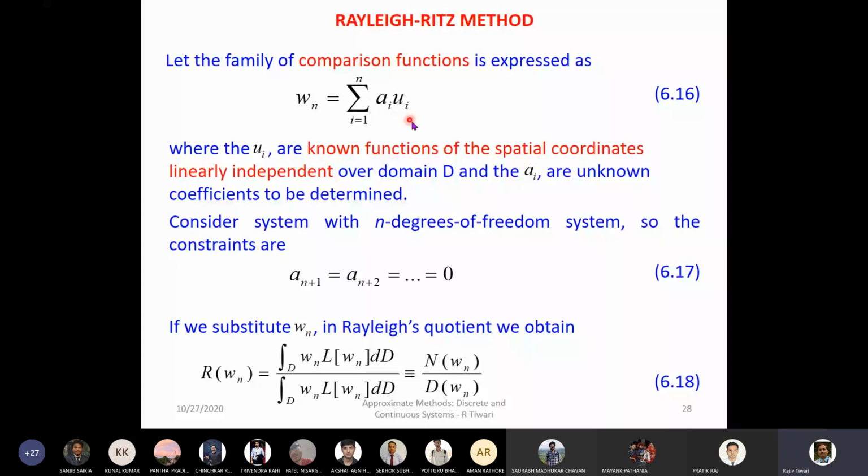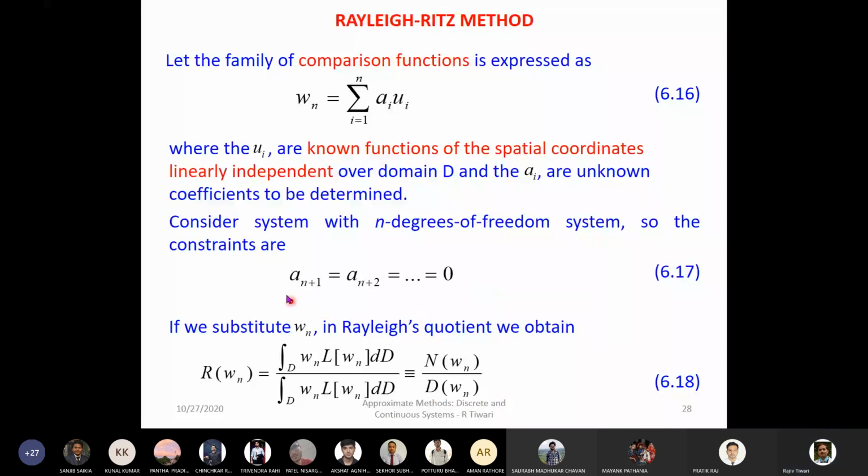Here one more thing is there, because we are focusing on the continuous system. If we take this n as infinity, then that will be the exact solution. But because we have truncated this to n, that means we have neglected these constants a n plus 1, a n plus 2, up to infinity, and equated them to 0.